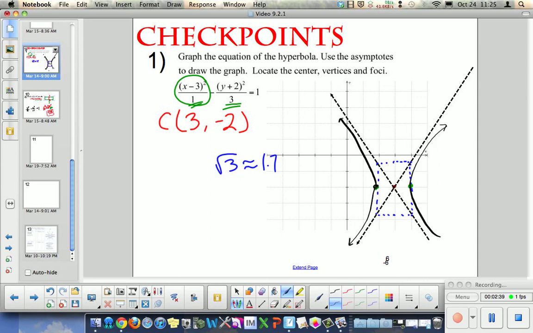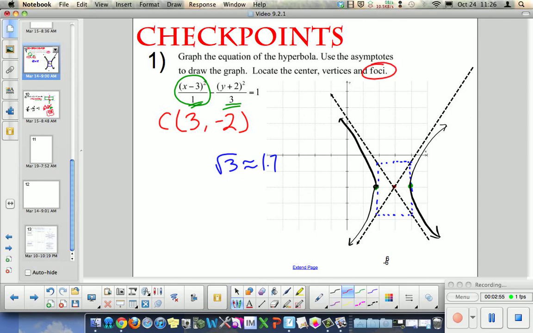This is my hyperbola. Okay? The dotted lines are all just to help me describe and sketch the graph, the asymptotes, and then that box. And you're done.